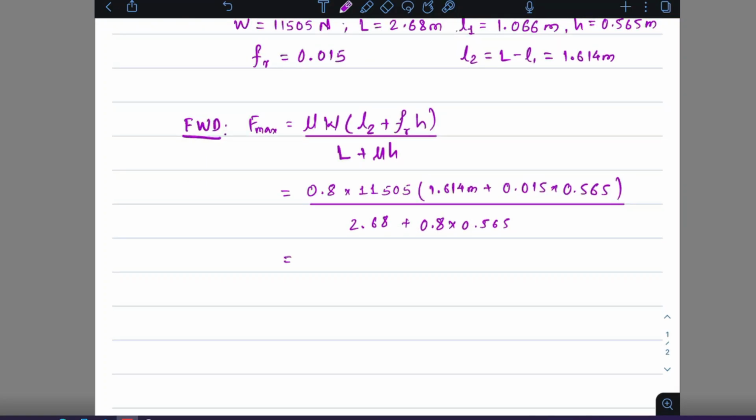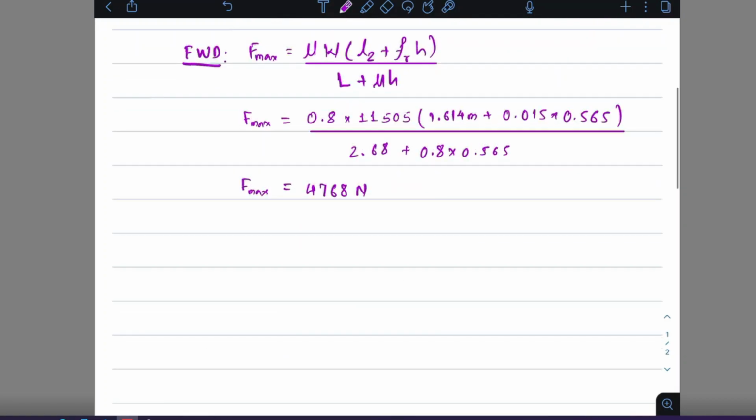So F max in this case would result in 4768 newtons.